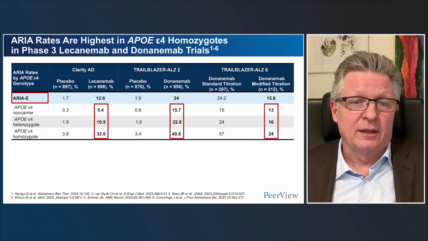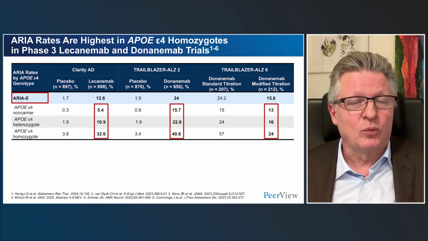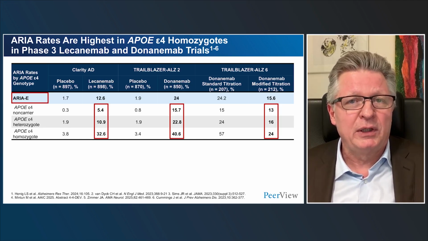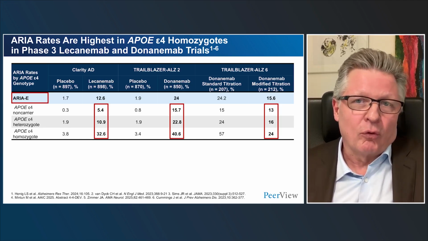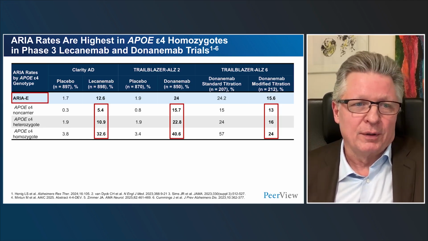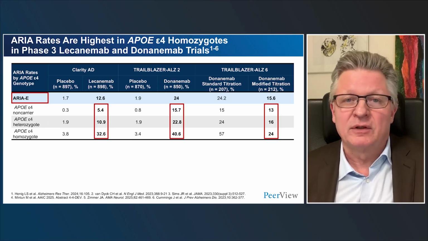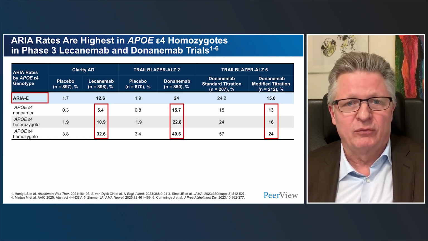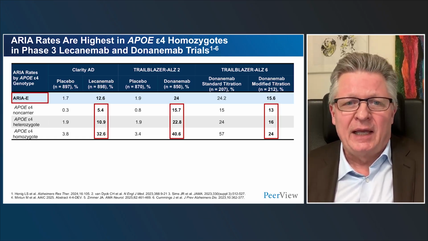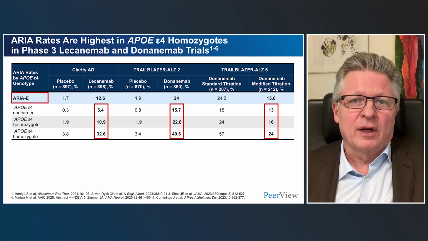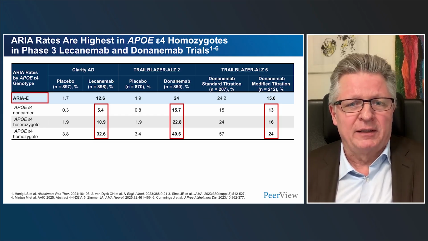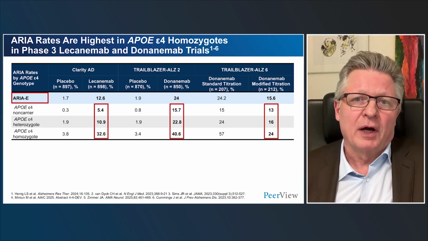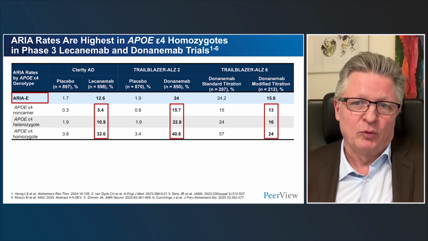The numbers clearly show that with an increasing number of APOE4 alleles, the risk for ARIA-E is increased, in lecanemab up to over 30% in APOE4 homozygotes. TRAILBLAZER-ALZ 2 is the large phase 3 donanemab trial, and here we have very similar results, with up to 40% ARIA-E in APOE4 homozygotes.